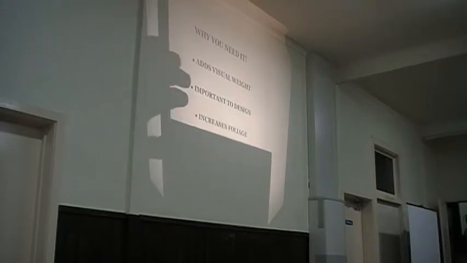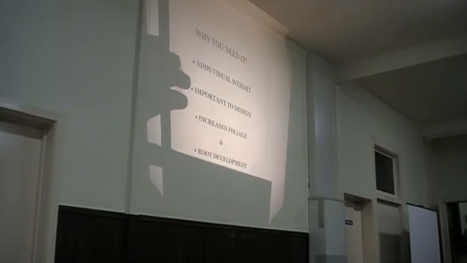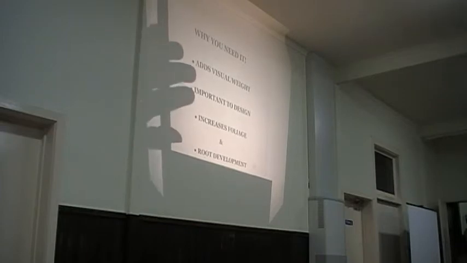It increases foliage. Now there is a particular and very important reason why we need to increase foliage, and we'll talk about that as well. Not only does it increase foliage, it also increases your root development. So it actually translates to more root in the bottom of your pot, and that's equally as important, and we'll explore why that is as well.